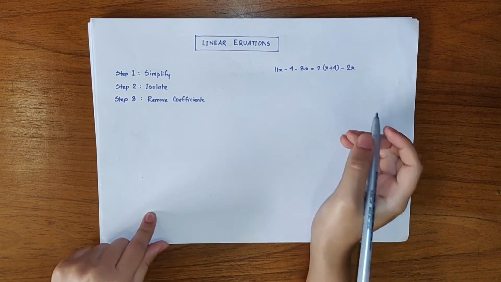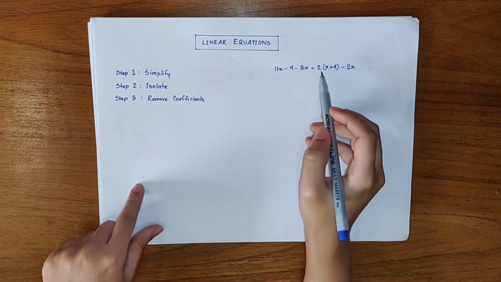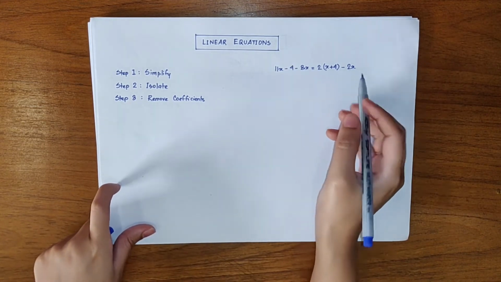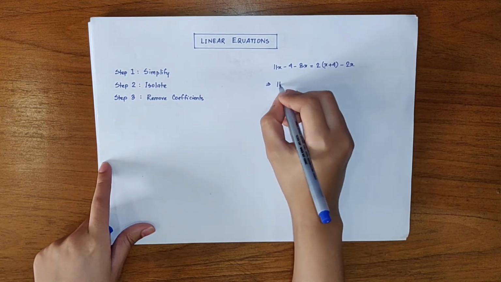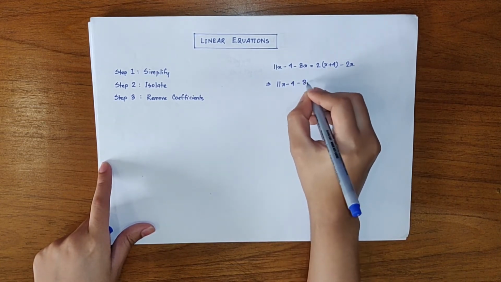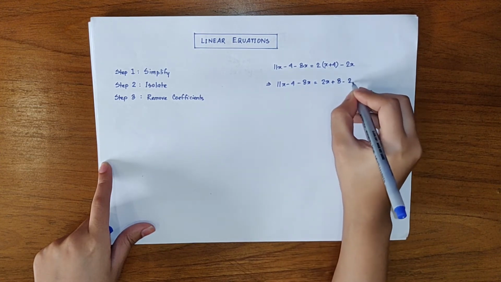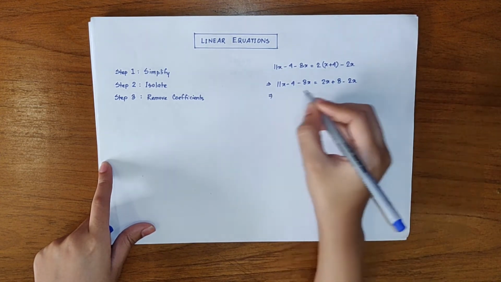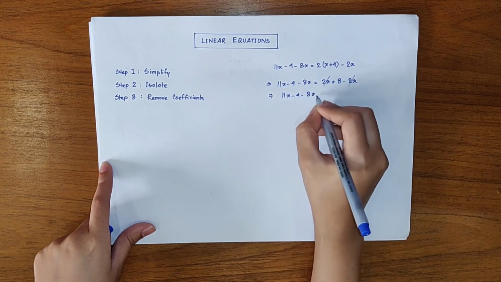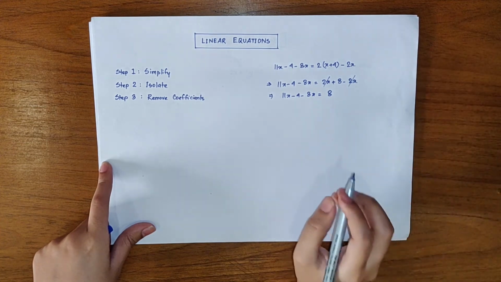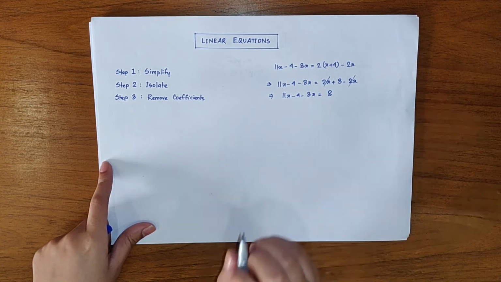This is an equation. Now at first what you have to do is simplify both sides. Now there's nothing to simplify on the left side. On the right side what we can do is remove the parentheses. So this is what we get after the first step. Now step 2 is isolating.